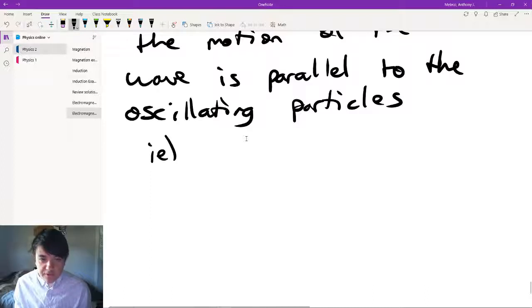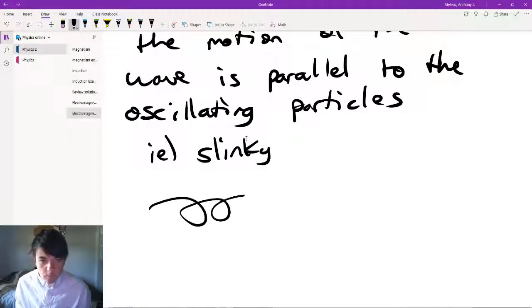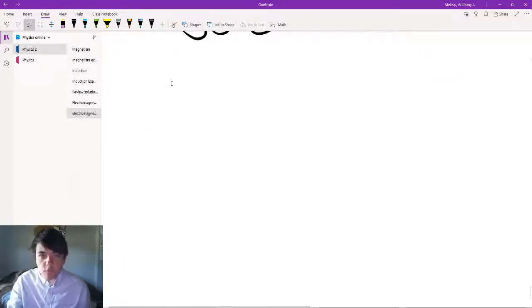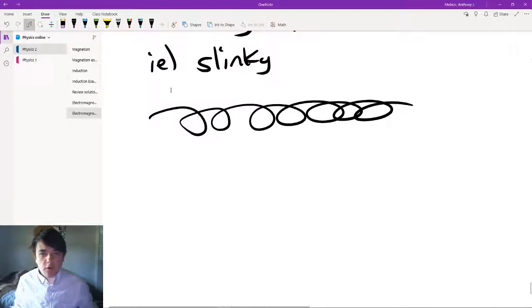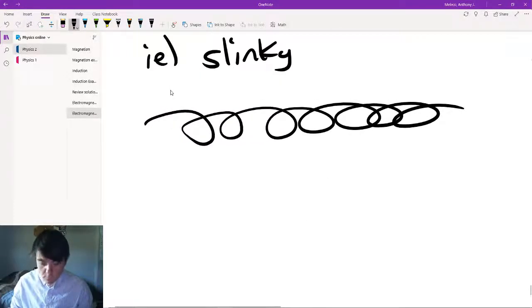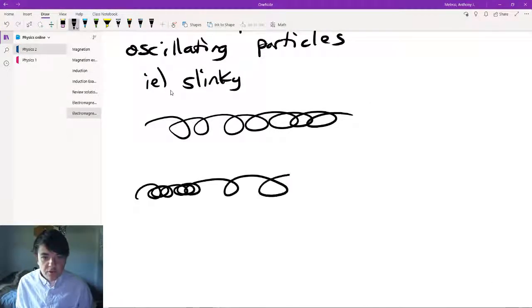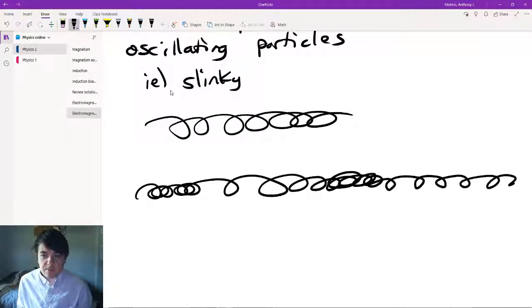So a really good example of this one would be a slinky. You have a slinky on the floor and you just kind of push through it. What you'll get is periods of compression and expansion.